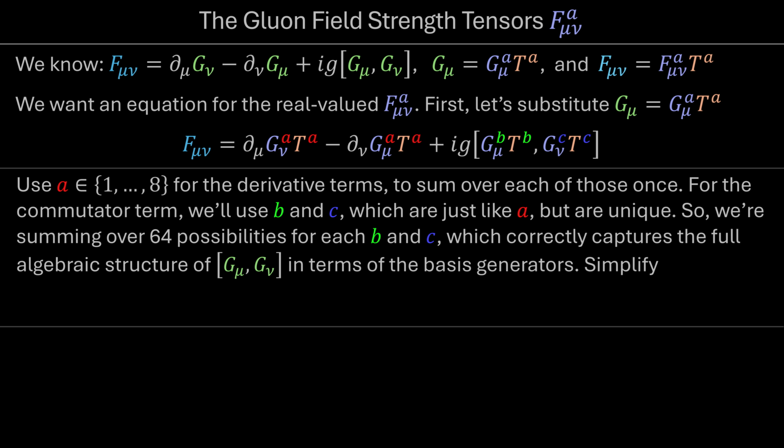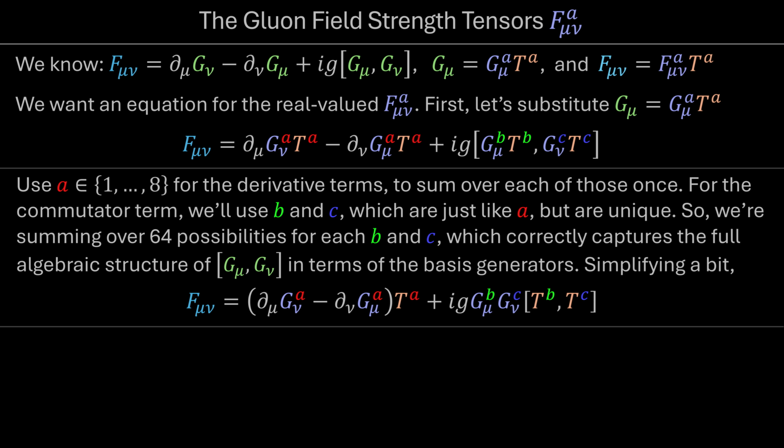So let's go ahead and simplify this equation. Well, on the sum, we can go ahead and pull out the generator T A to the right side of that expression. And then on the commutator term, we can actually go ahead and pull the scalar valued gauge fields outside the commutator, because G mu B and G nu C are just scalars.